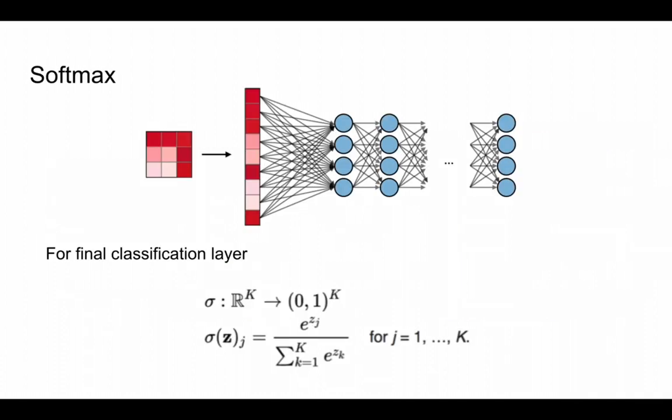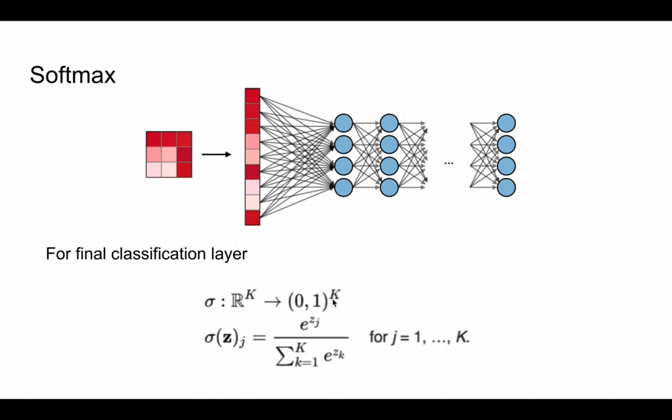A popular choice of activation function for the multi-classifier is the softmax. Softmax has multiple neuron outputs, and we want to map these outputs into the 0-1 interval.